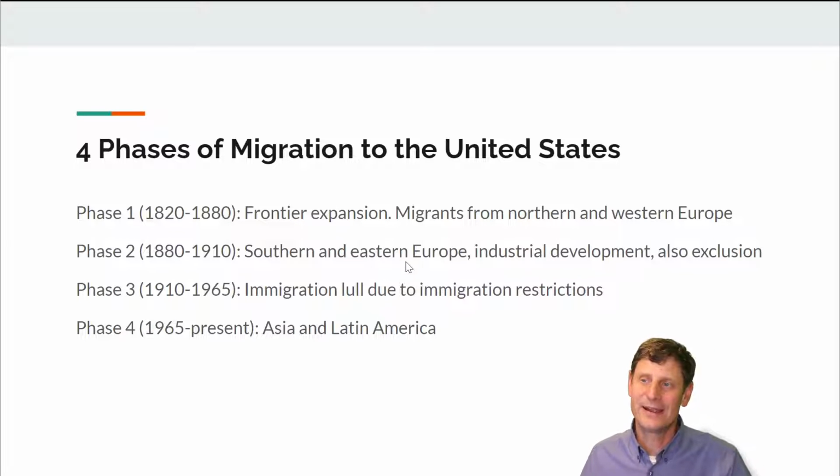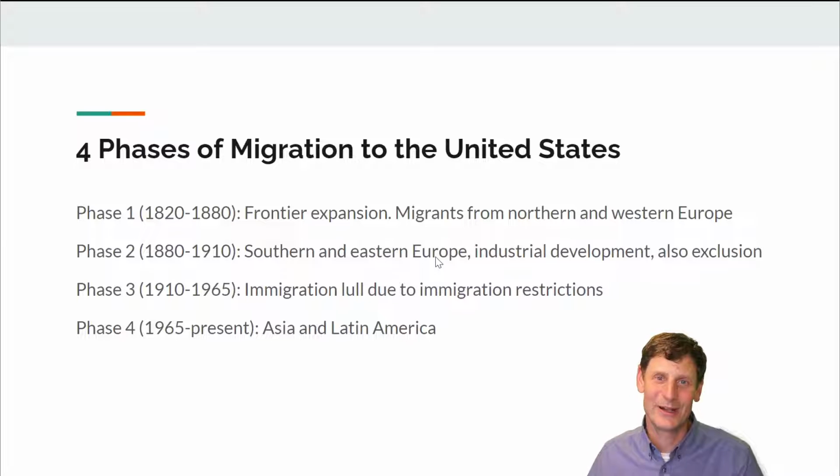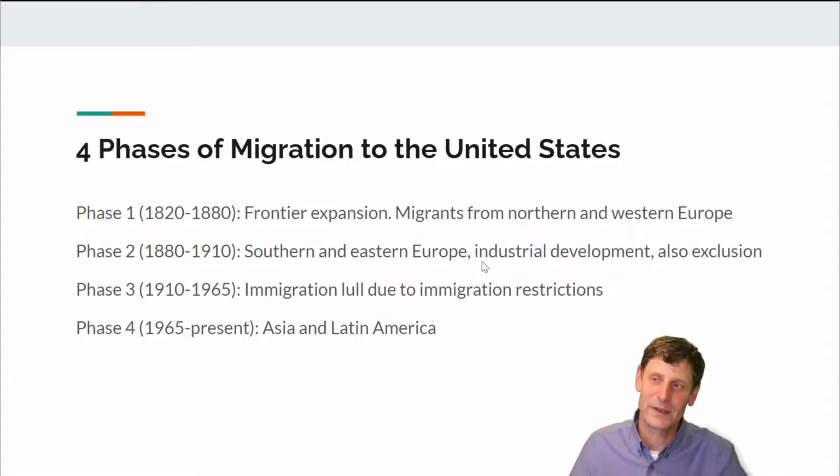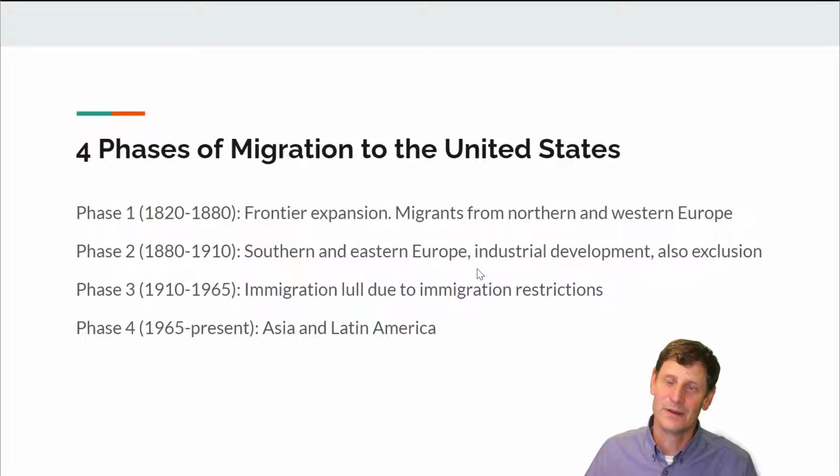So places like Italy, Greece, Poland, Latvia and Lithuania and Estonia, the Baltic states. This is when my grandparents, or my great grandparents, on my father's side immigrated from Lithuania and immigrated to the United States and settled in a suburb of Chicago.